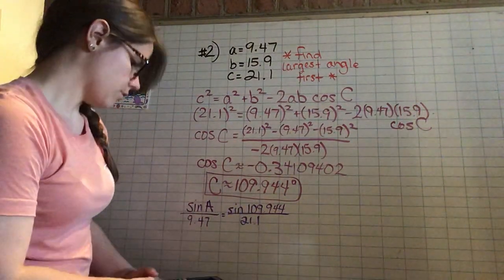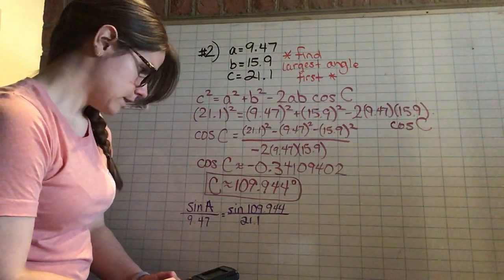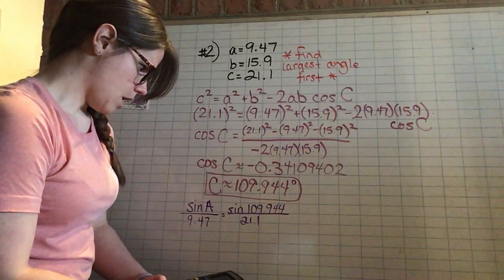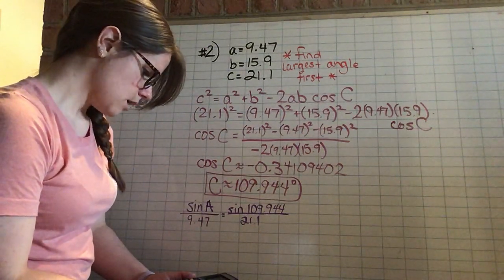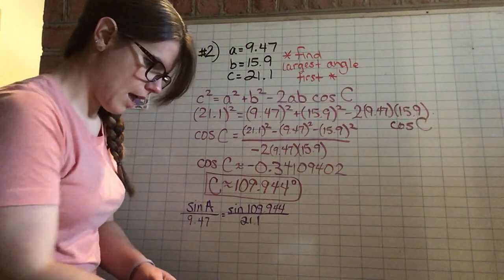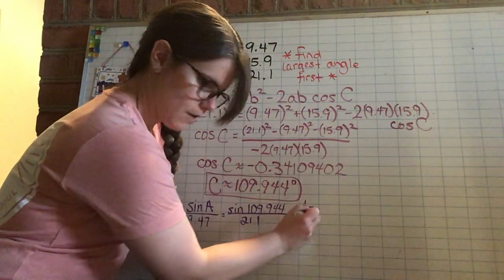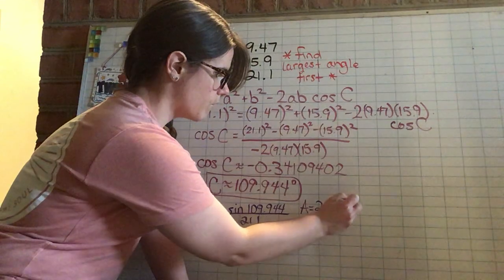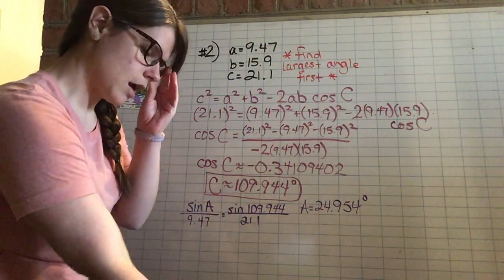If I use my calculator for that, I get 9.47 times sine of 109.944, divided by 21.1. Then I need to take the inverse sine of that number, and I get an angle value for A of 24.954 degrees.